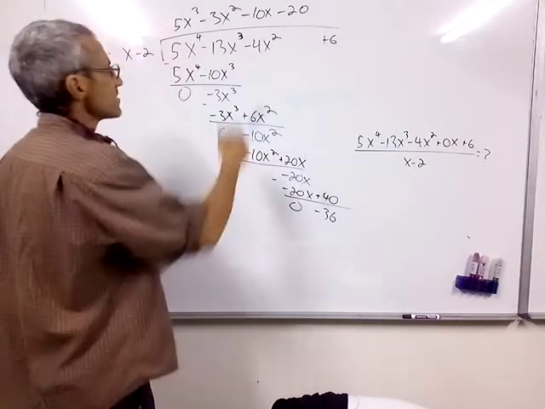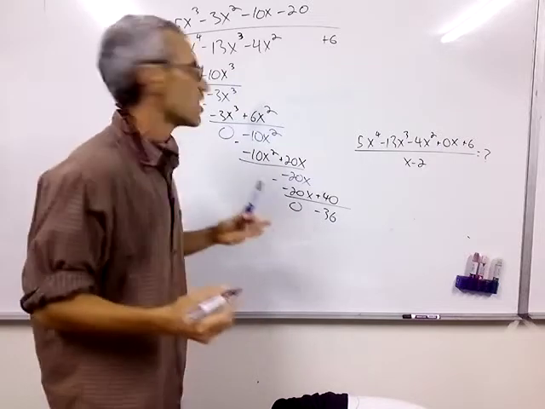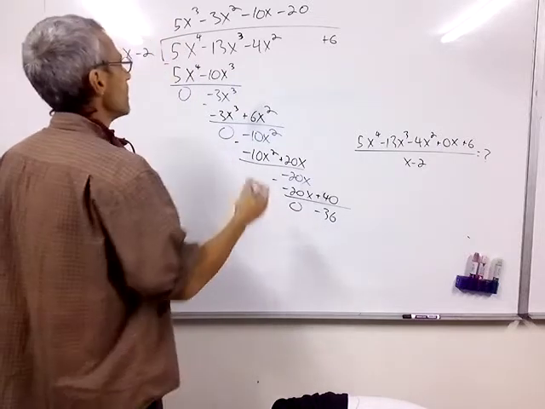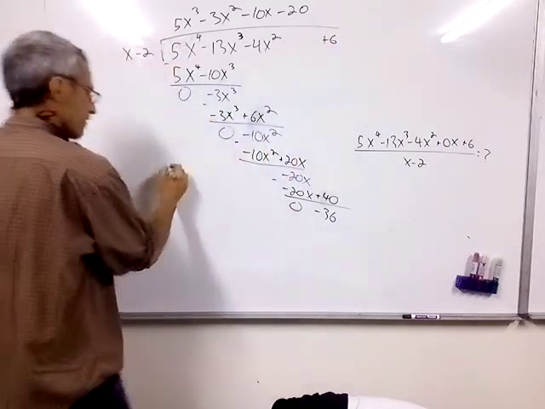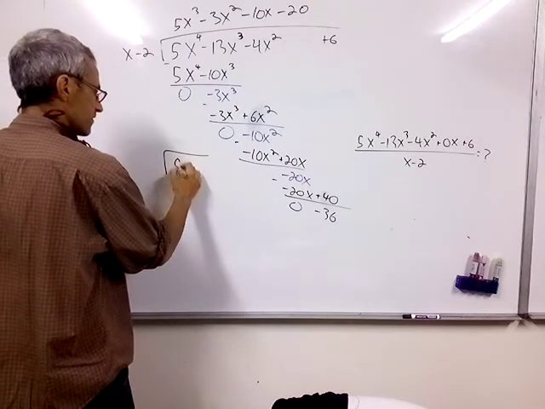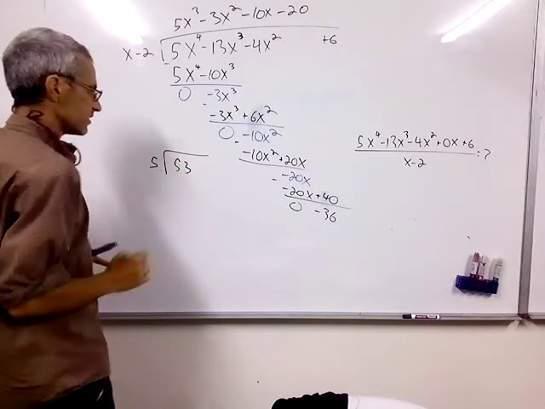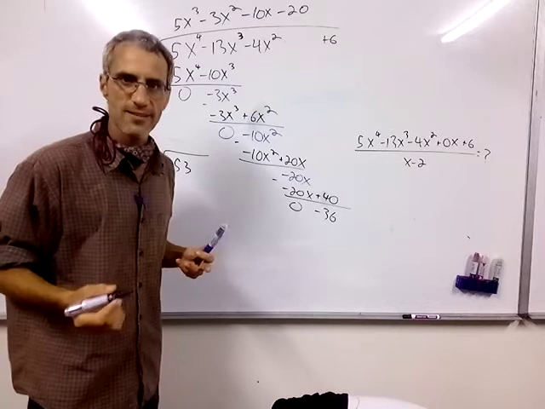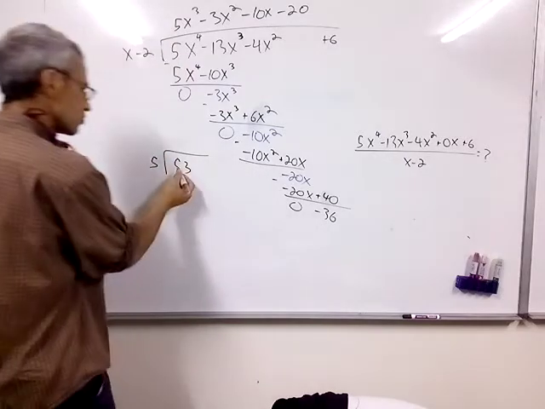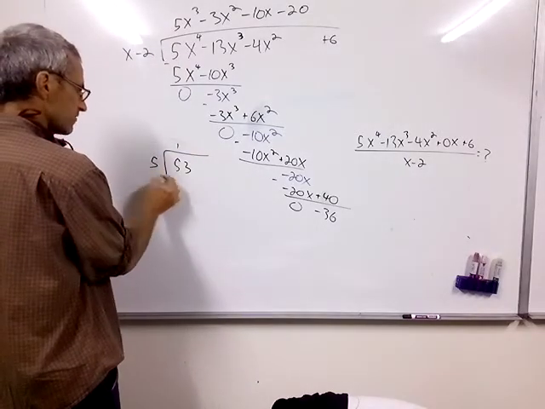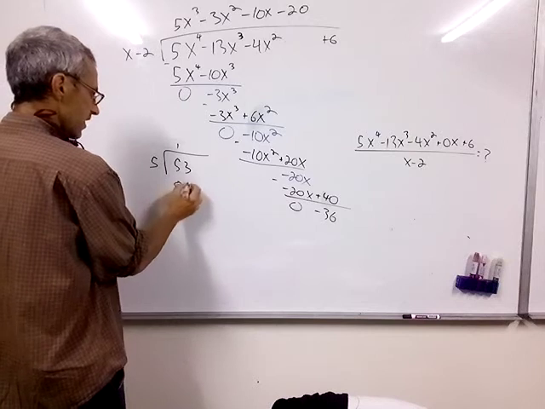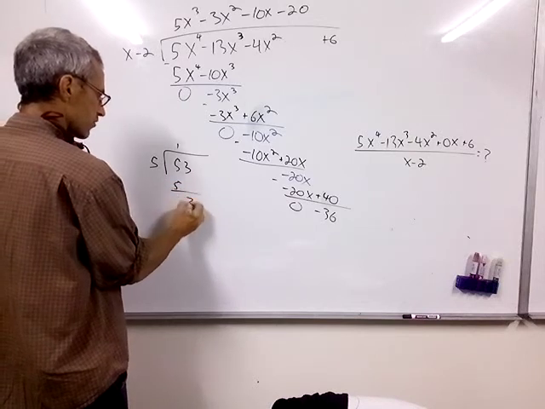So the answer is, and I don't know how they train you to write the answer, I'll be honest with you. Just like when you have long division of, say, 53 divided by 5, and you have what you call a remainder. How do I do that? 1 times 5 is 5, and then I've got 3.